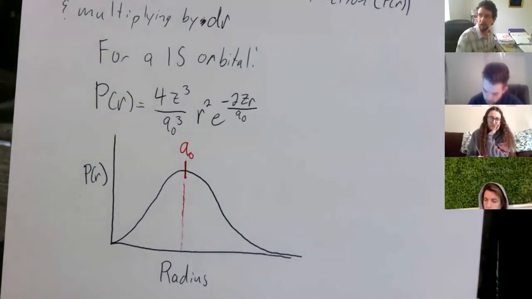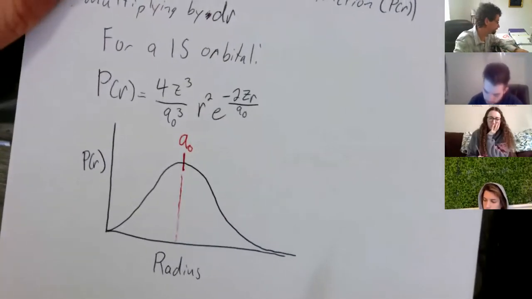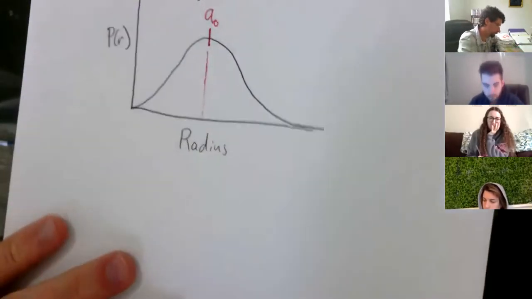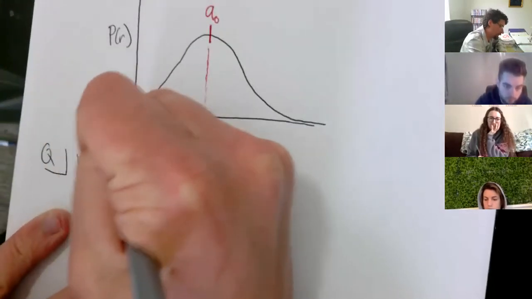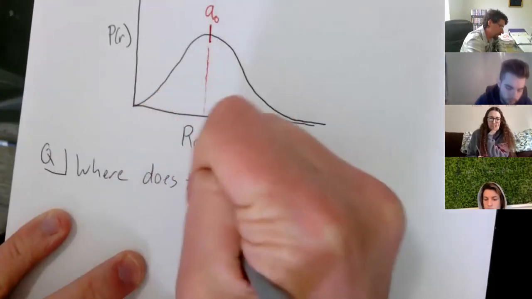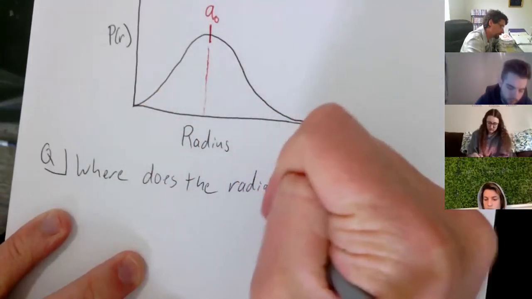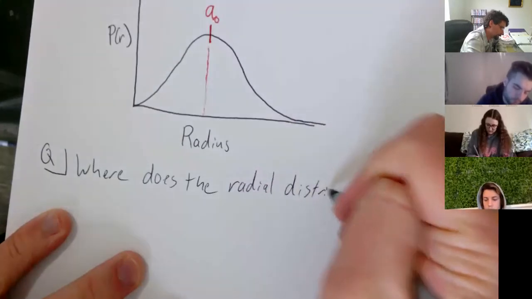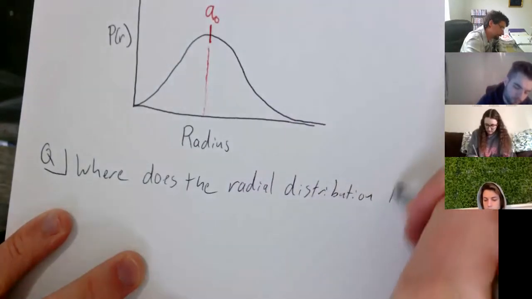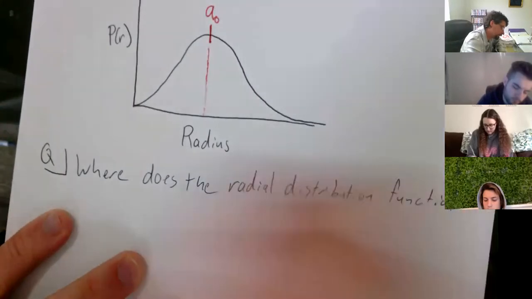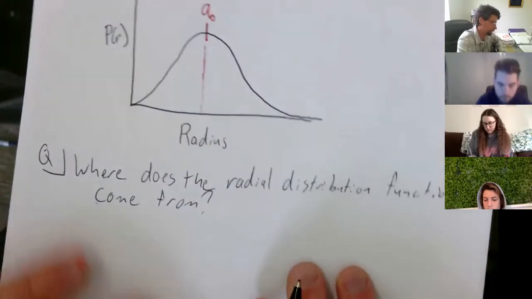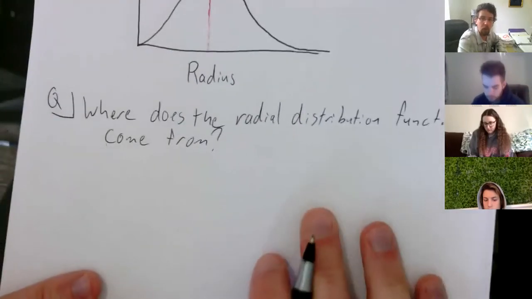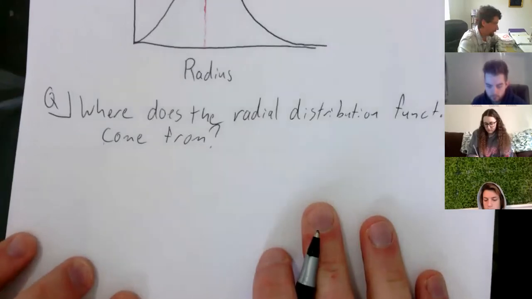Okay. Well, let's ask the question, where does this radial distribution function come from? We're talking about probabilities, right?